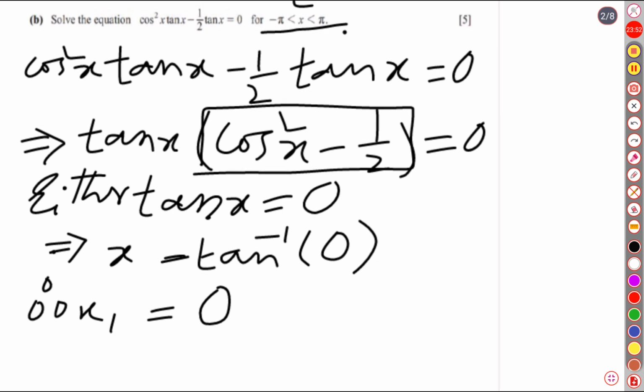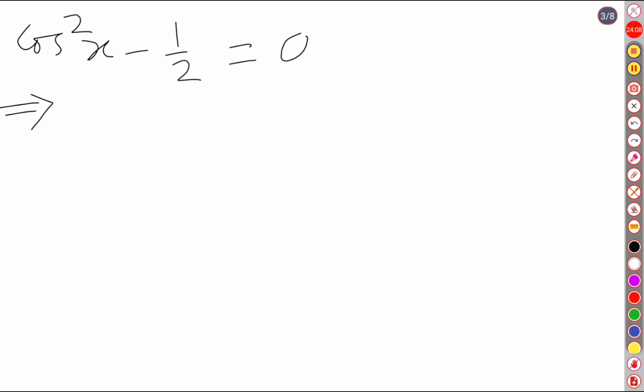Or the second factor, the other part, let us write the next factor: cos square x minus half is equal to 0. If half is transposed, then it is going to be cos square x equal to half.